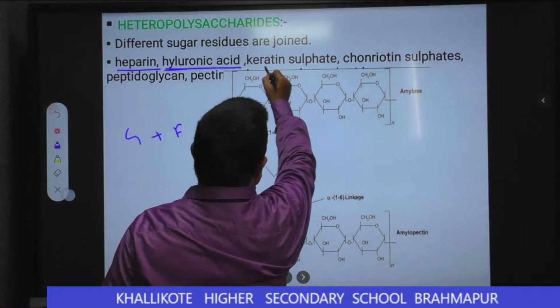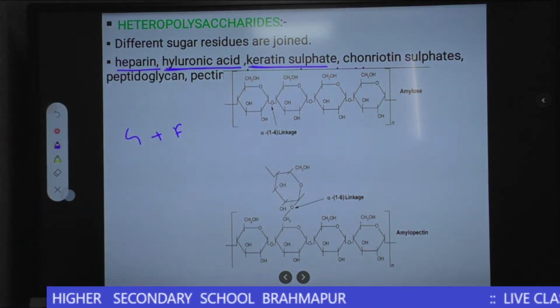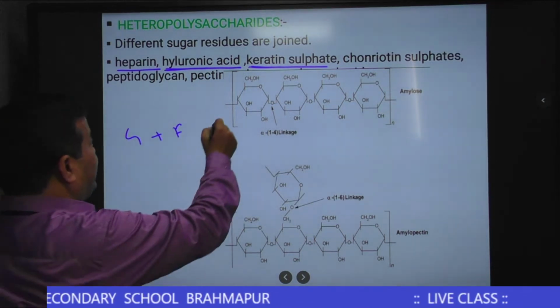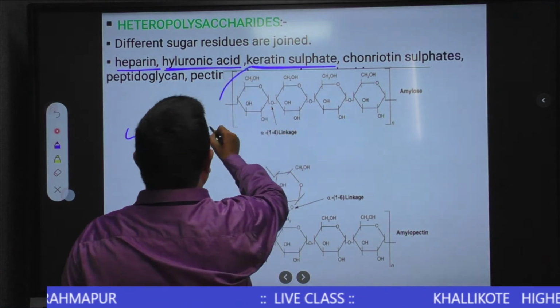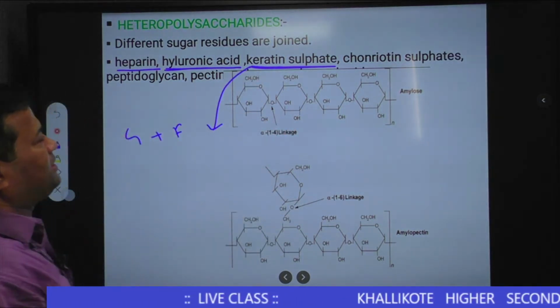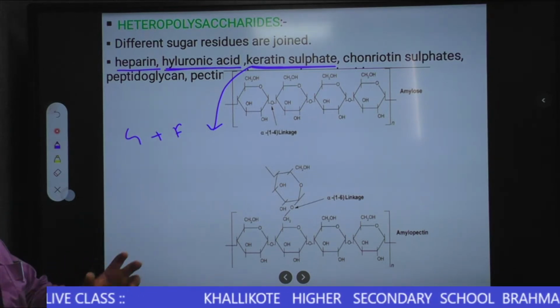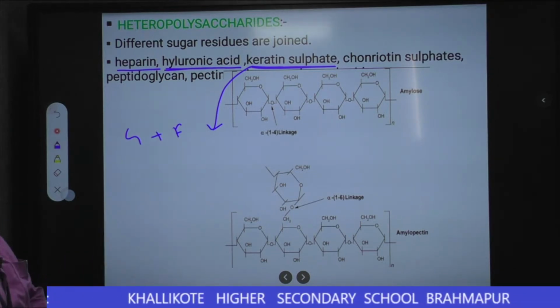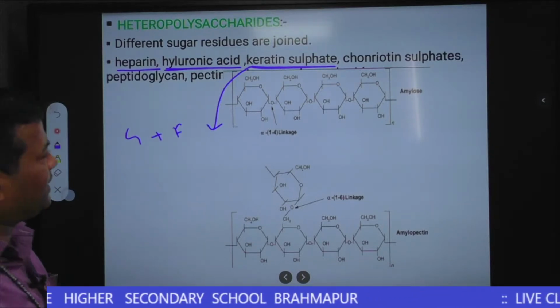Similarly, keratan sulfate. Keratin is a protein present in hair, but keratan sulfate is considered a heteropolysaccharide made of different sugar residues.